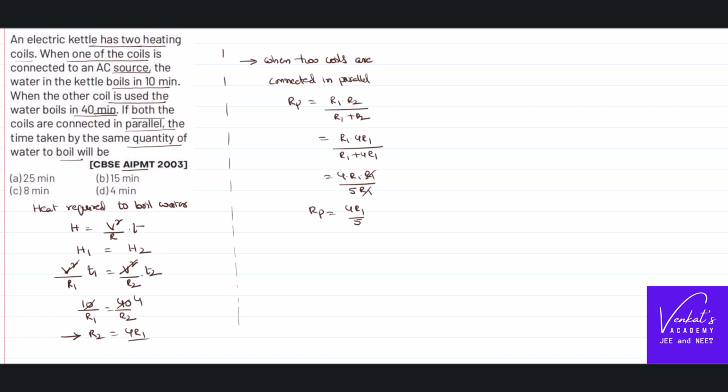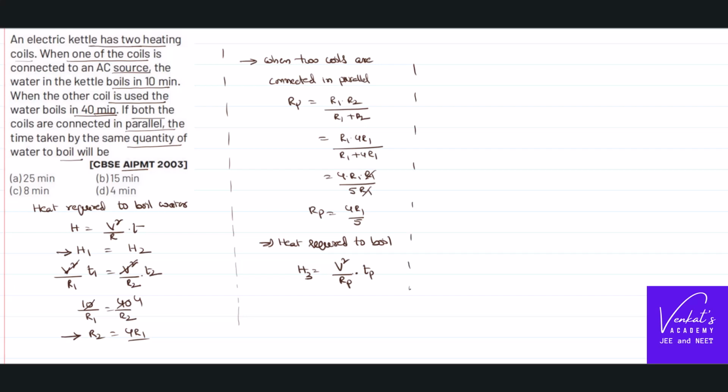Once we get the resistance in parallel, the heat required to boil the same water with the same source is H equal to V square by R parallel into the time taken for the parallel combination. That's what we have to calculate. But this heat is the same as heat H1 or heat H2, so let us equate that.